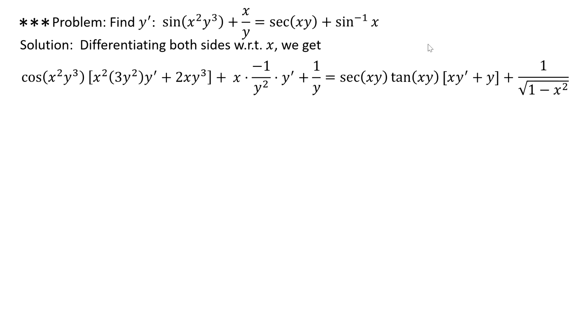Okay? So here, what's the derivative of sine inverse of x? You should know. It is 1 over the square root of 1 minus x squared. You should know that especially because quite likely, pretty soon you would be solving a differential equation and you will get the integral of 1 over the square root of 1 minus x squared.